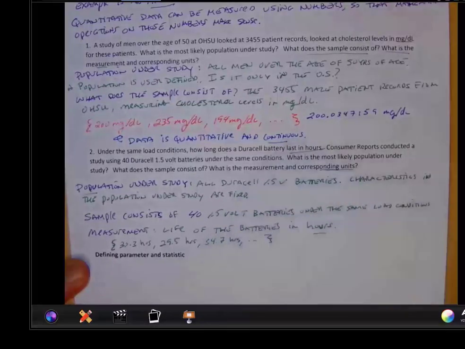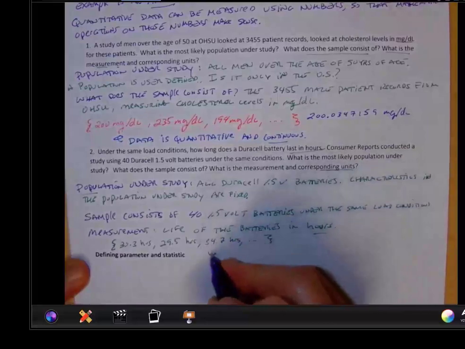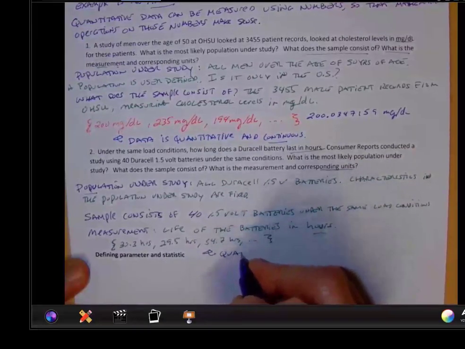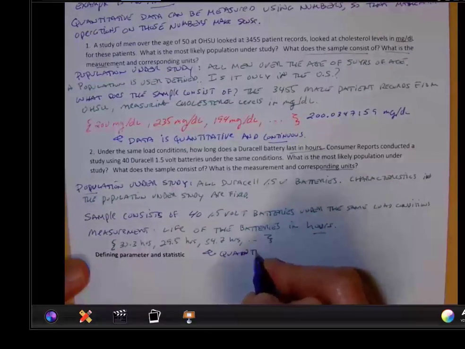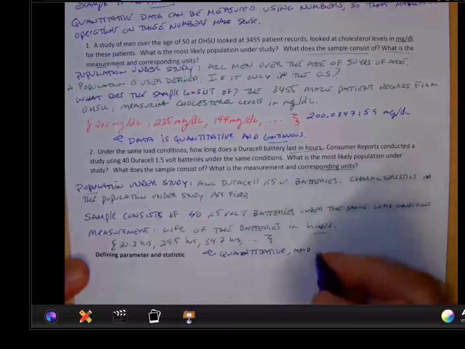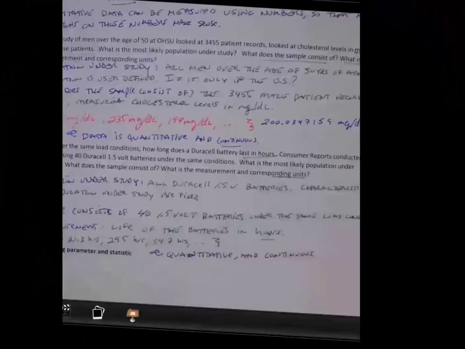So when you look at this data, I can see one thing, that it's going to be quantitative and numerical. Sorry, quantitative and also continuous. Just like the other one, it's the same type.